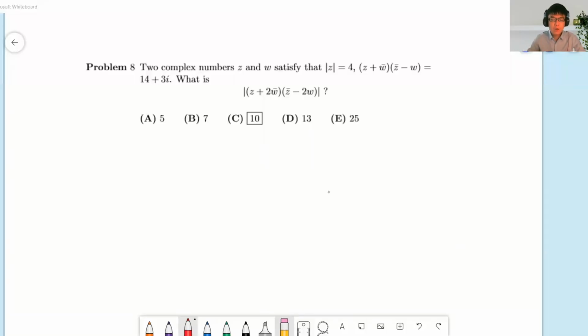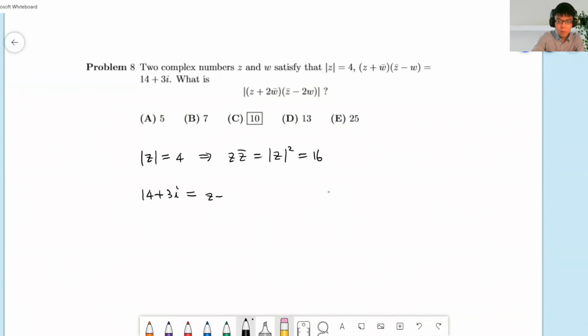Question 8. Two complex numbers, z and w, satisfy that the modulus of z equals 4, and the equation holds. So modulus of z equals 4 implies z times z conjugate, the square of the modulus, equals 16. Let's also expand the second equation. It says that 14 plus 3i equals z plus w conjugate times z conjugate minus w.